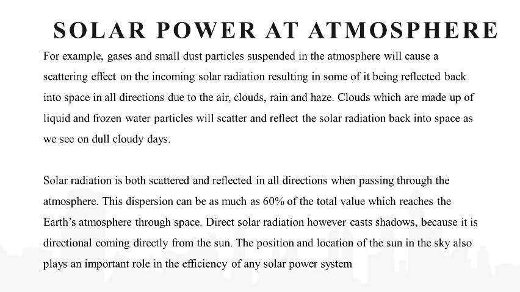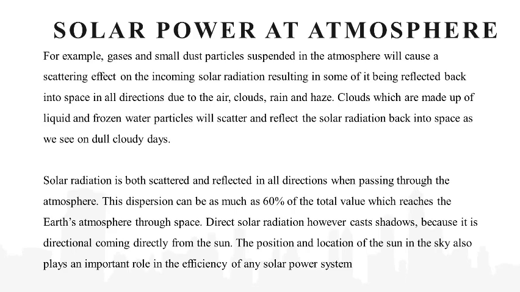Next is solar radiation. Solar radiation is both scattered and reflected in all directions when passing through the atmosphere. These dispersions can be as much as 60% of the total value which reaches the Earth's atmosphere through space.